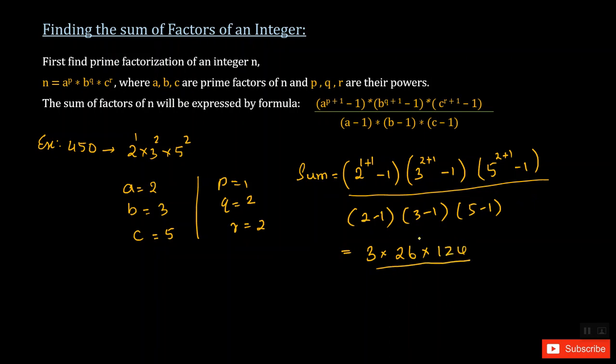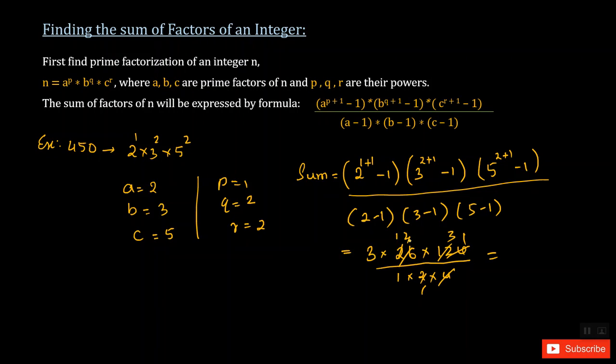Divide by 1 times 2 times 4. Cancelling, we get 3 times 13 times 31.